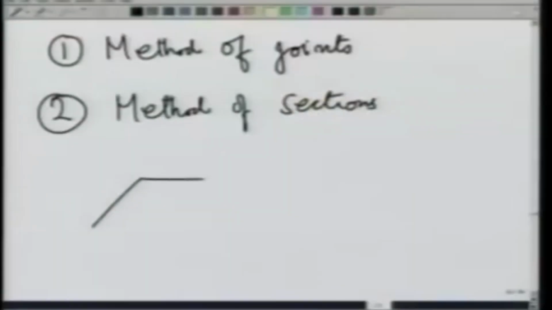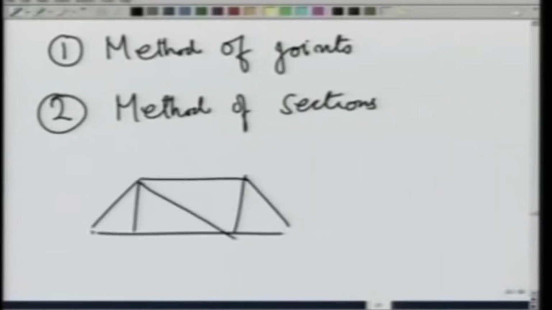So, if I have a truss like this and it is loaded here, then we start with a point where the load is and see how that point is in equilibrium. That gives us the forces in the various members that are connected with that point in terms of the applied load.